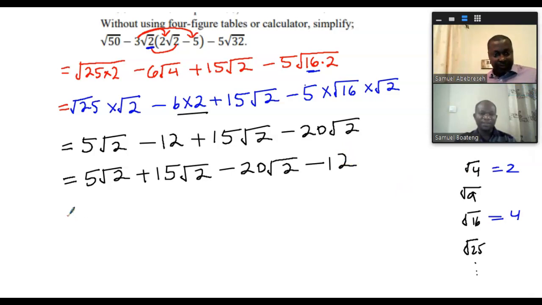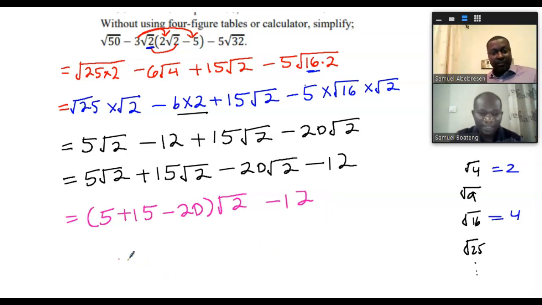We have a common surd which is root 2. So all that you need to do is to add and subtract the numbers in front. So 5 plus 15 minus 20, minus 12.